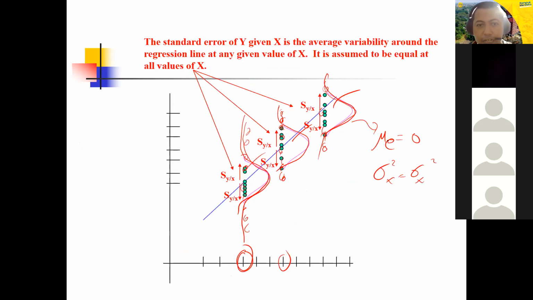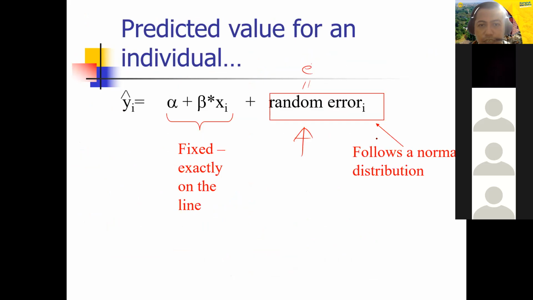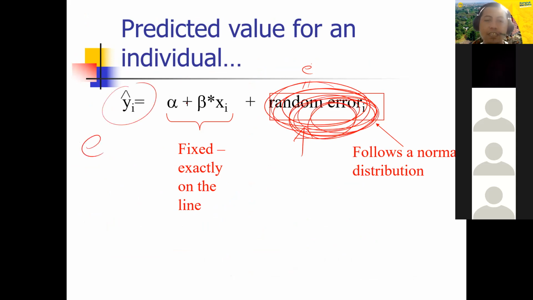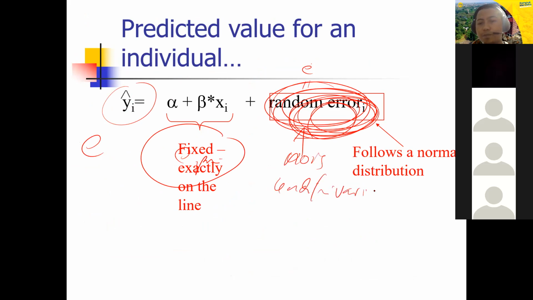Variabel lain yakni dalam hal ini random error ini. Gitu. Jadi error yang terjadi di Y itu disebabkan oleh prediktor, dan error yang disebabkan oleh noise, ya undefined variable.